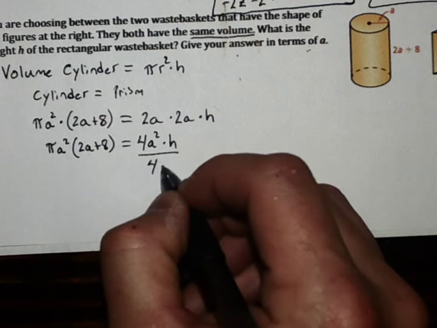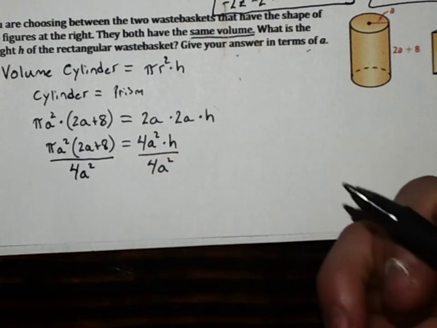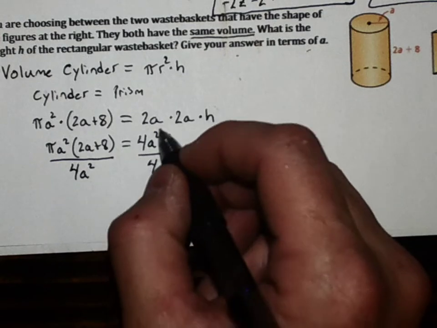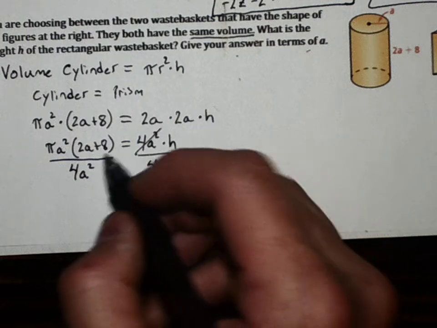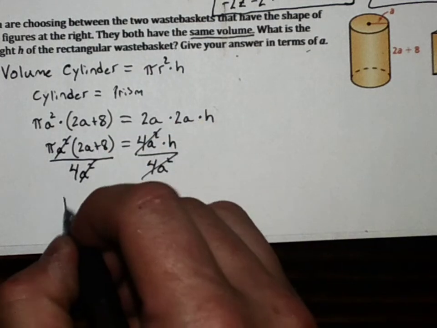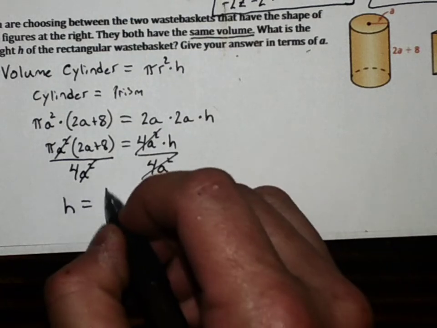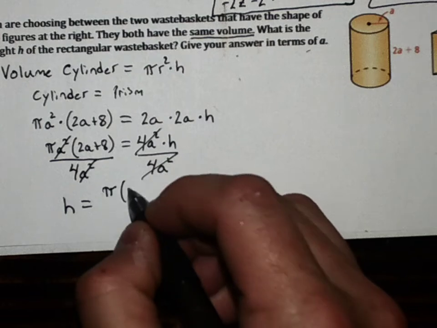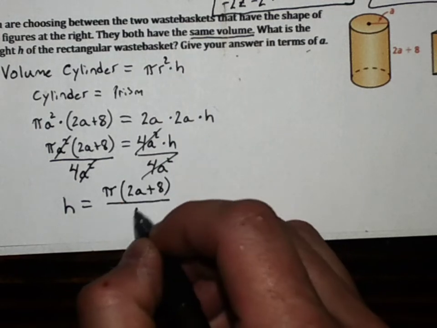I want to solve it for h, so I'm going to divide by 4a squared. 4a squared divides with 4a squared, just like a squared is going to divide with a squared. Getting what we want, that h is going to equal pi outside of 2a plus 8 divided by 4.